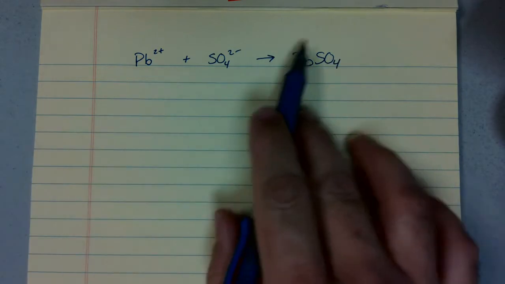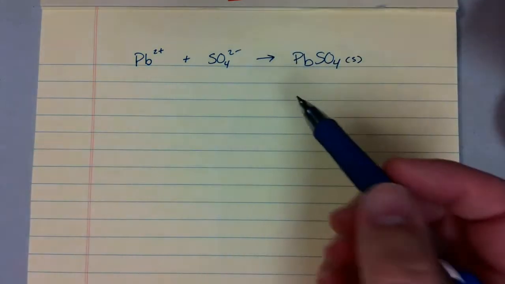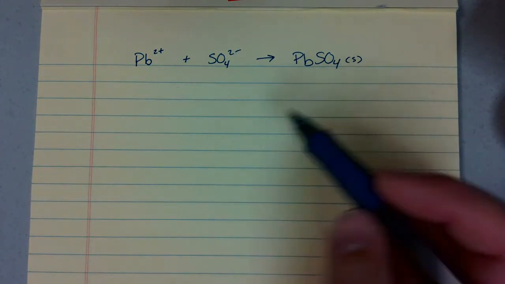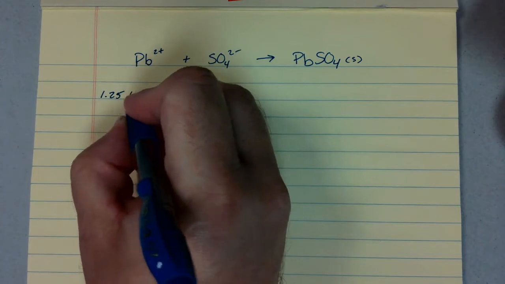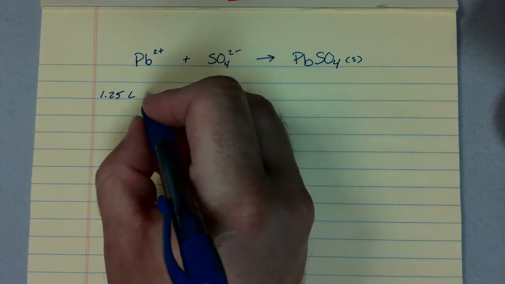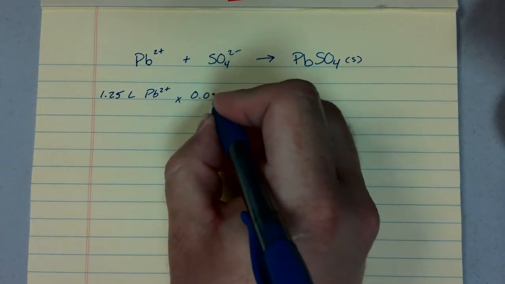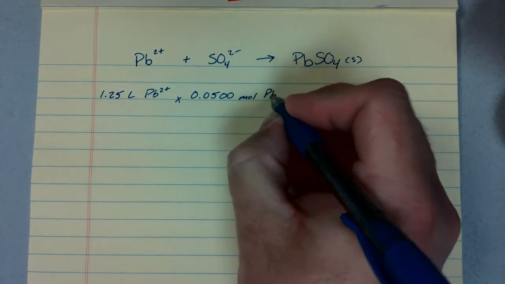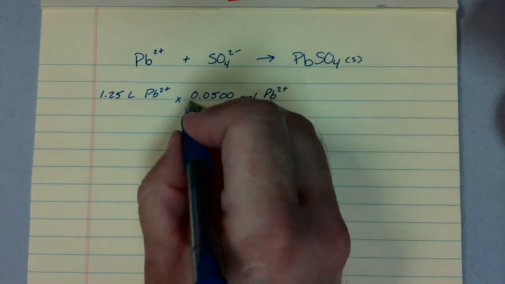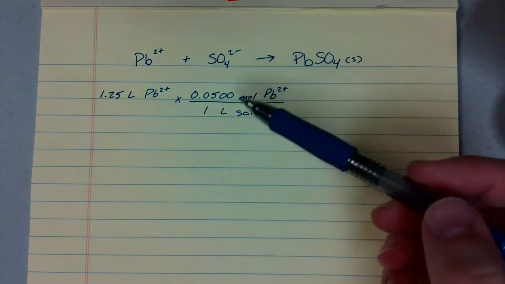Now we need to find the mass of precipitate that forms in this reaction. We don't know what our limiting reactant is, so let's see if we can figure that out. 1.25 liters of the lead solution that has a concentration of 0.05 moles of lead 2 ions per liter of the solution.